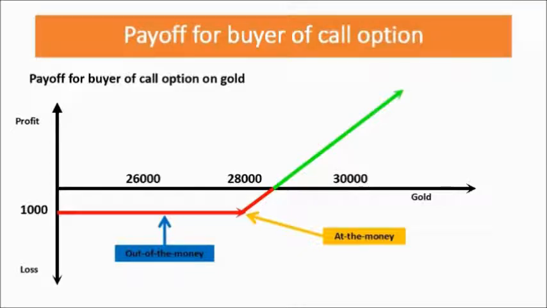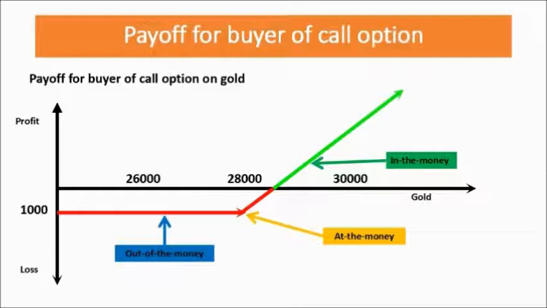When the strike price and the spot price are equal, it is called at the money. In this scenario, if an option buyer exercises, it is a zero cash flow. There will be neither any cash out nor in. It's a zero game. So it's an at the money option, meaning the option is almost at the brink of making profit, or it can even go back to the loss.